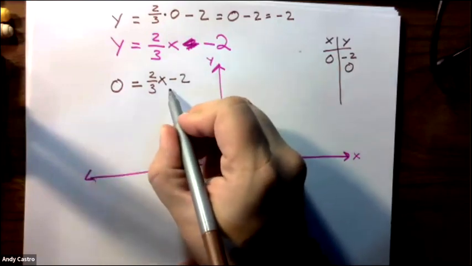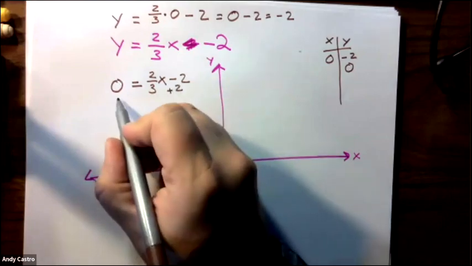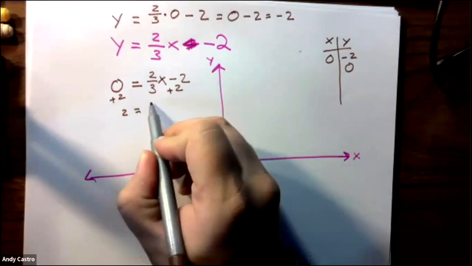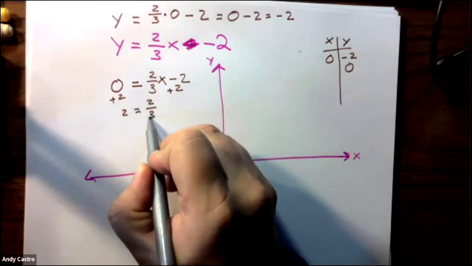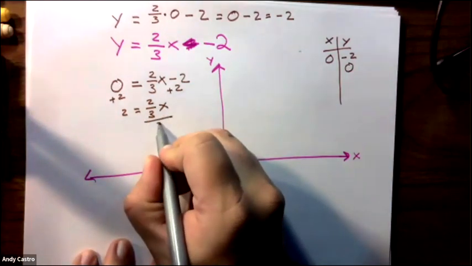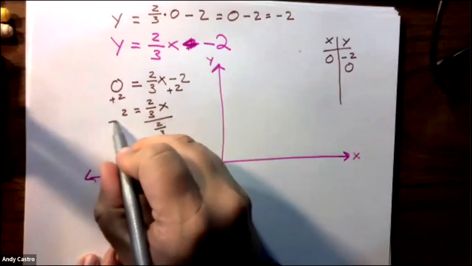All right, I'm going to add 2 to both sides. So I have 2 is equal to 2 over 3 x. So I'm going to divide both sides by 2/3.